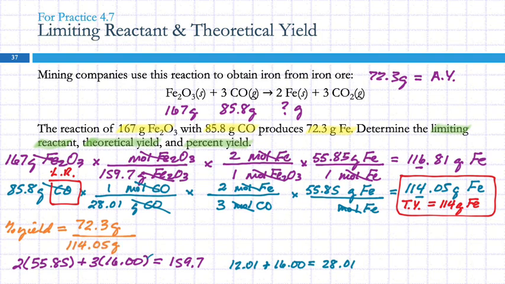I'm going to use the unrounded value because that's what I do. 72.3 divided by 114.05 times 100. 63.393%. 63.4% percent yield.